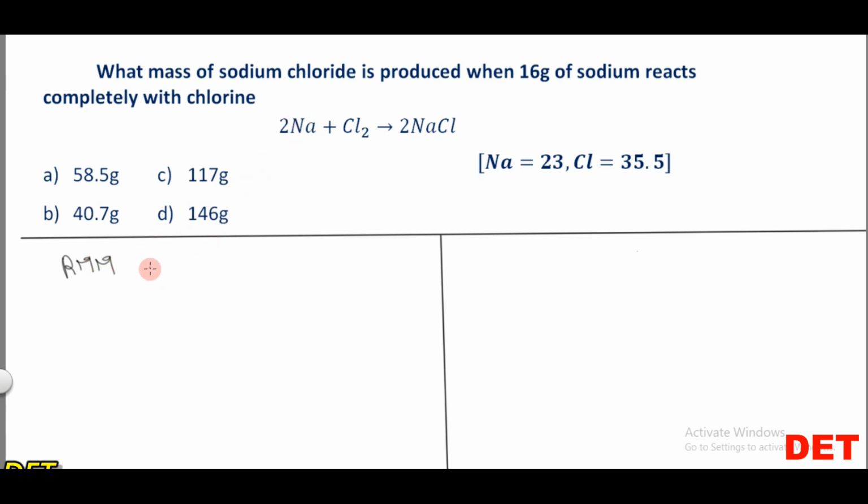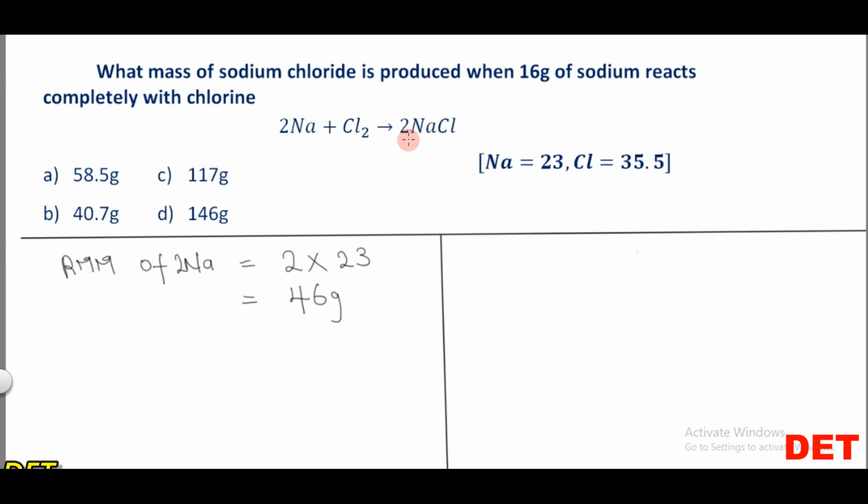The RMM of those 2 molecules of sodium is equal to 2 times the relative atomic mass of sodium, which is 23, and that will be equal to 46 grams. So we have 46 grams of sodium here.